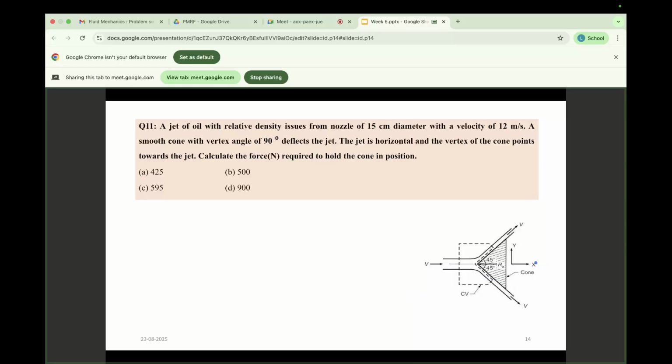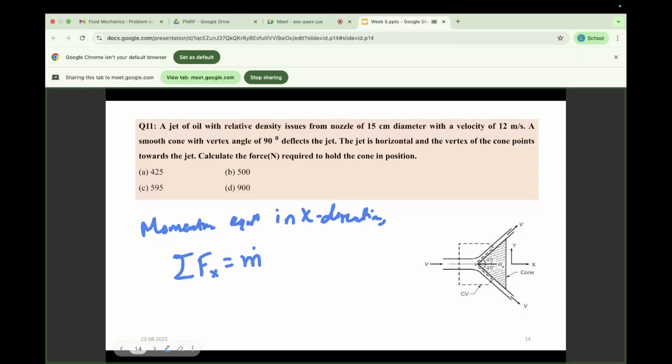As it is in the x direction, applying the momentum equation in the x direction, I know that the summation of force in the x direction should be equal to the mass flow rate into velocity out minus velocity in.